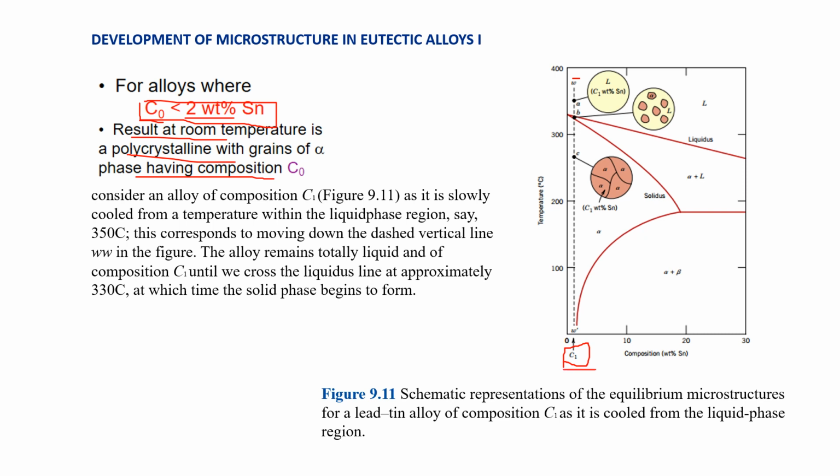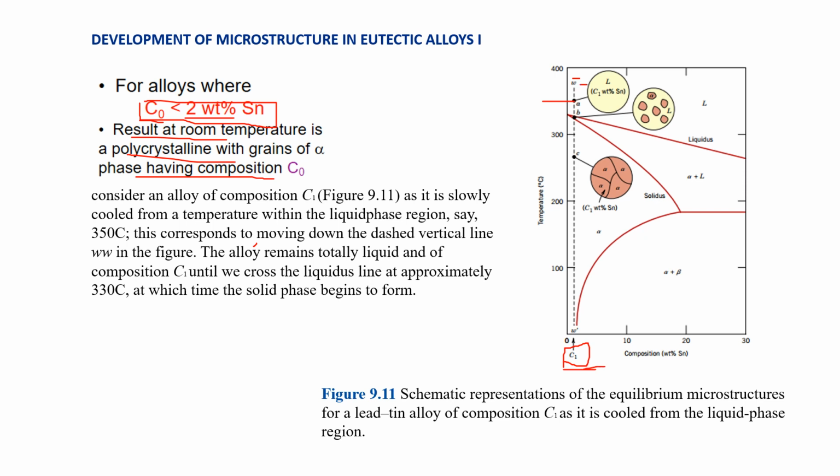For example, take this alloy at C1. When it is slowly cooled from within the liquid phase region, suppose 350 degrees centigrade, say at point A, this corresponds to moving down the dashed vertical line W W prime in the figure.